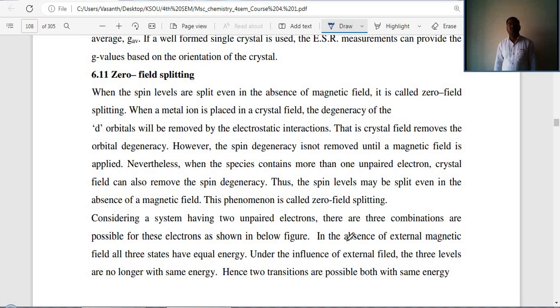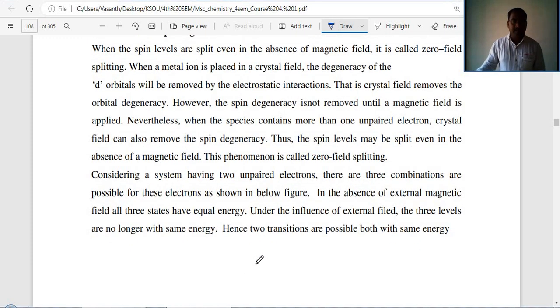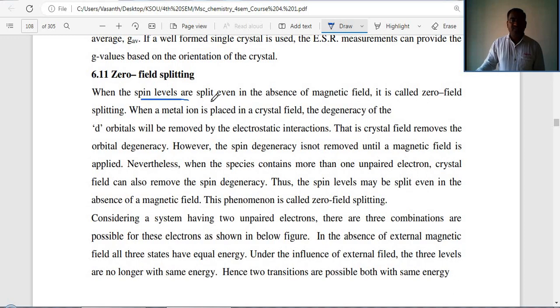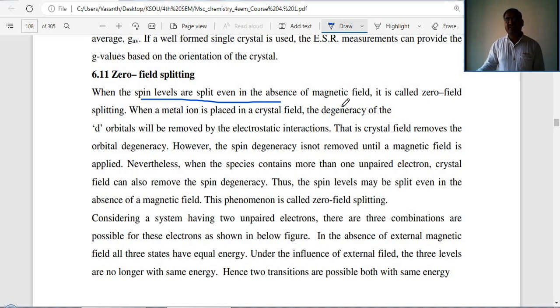Next, zero field splitting. When the spin levels are split even in the absence of a magnetic field, it is called zero field splitting.